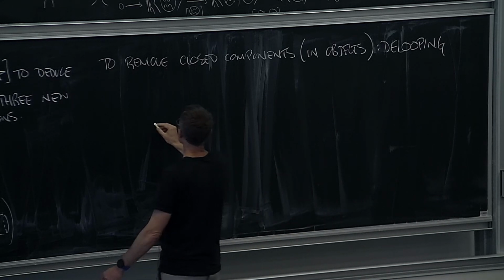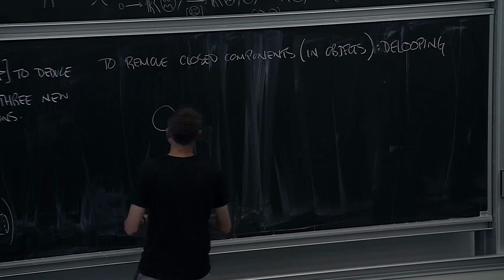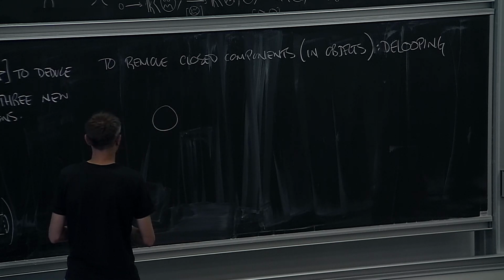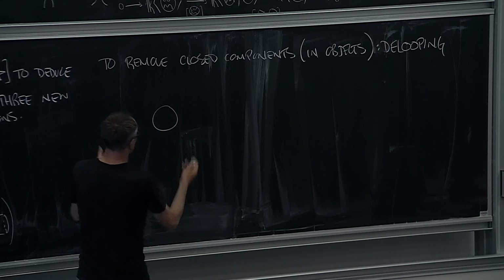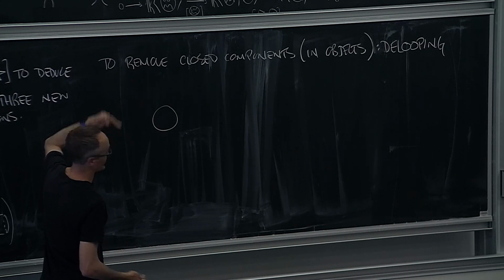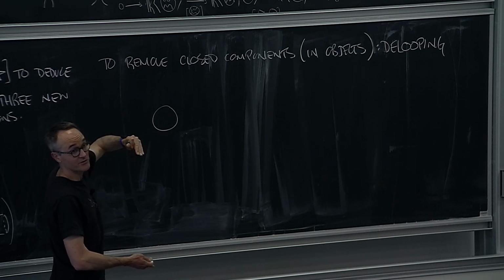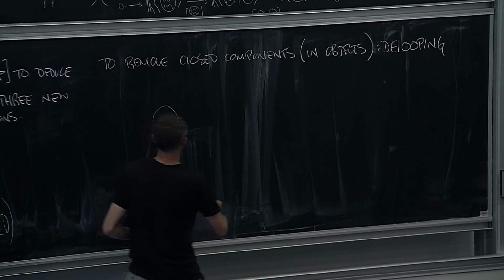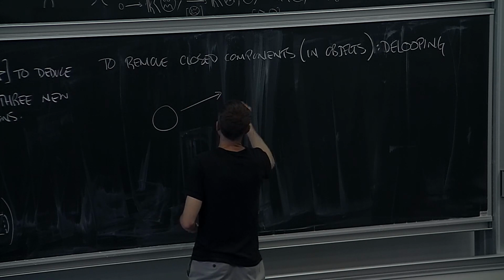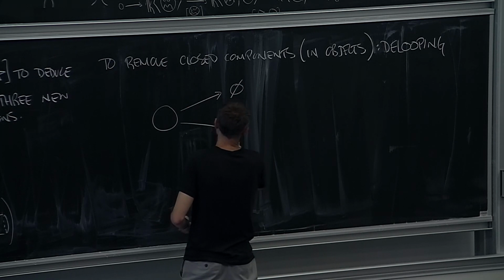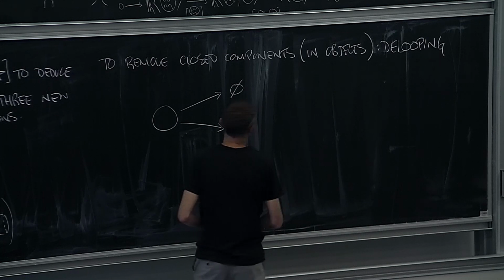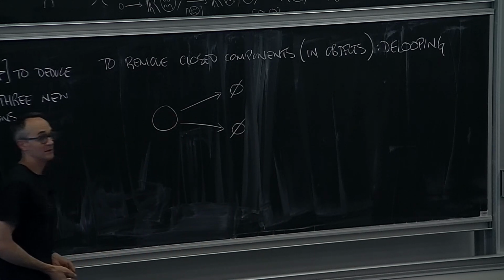Somewhere in the cobordism, there's some closed component. There are elements that are hitting the boundary as well, but we don't know how to get rid of those. I'd like to remove this, but to remove it, I need a pair of empty sets.